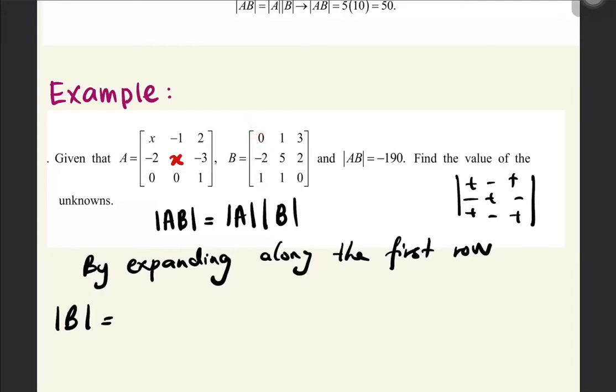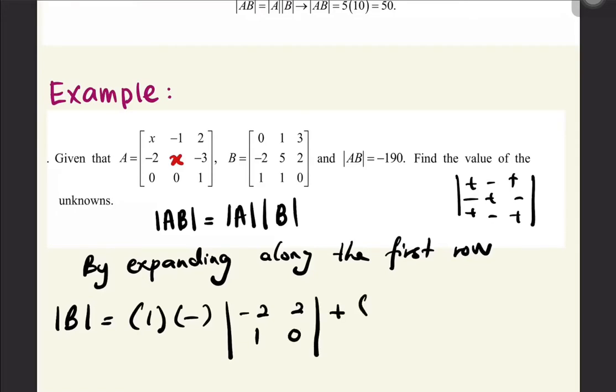So we start with the second one, which is 1. So the value is 1 here, and the symbol is negative. So we will cancel row 1, column 2. So you will have negative 2, 2, 1, 0.